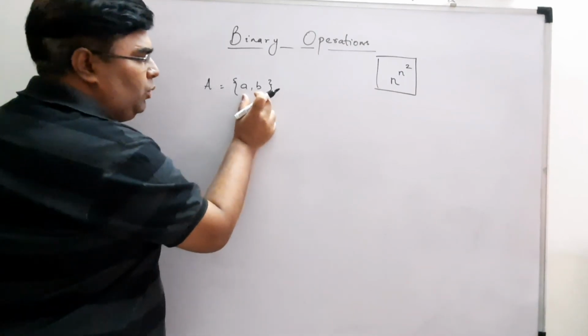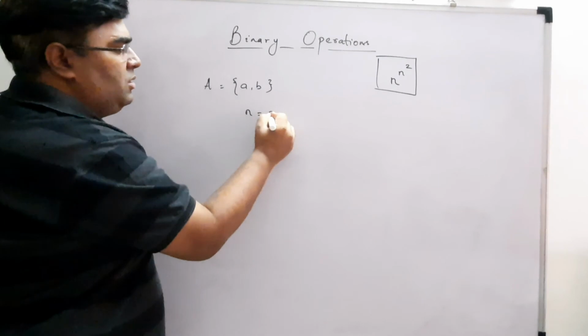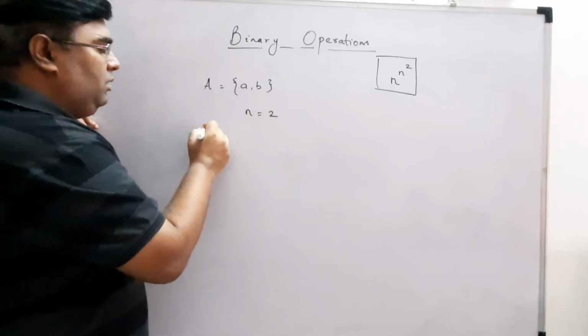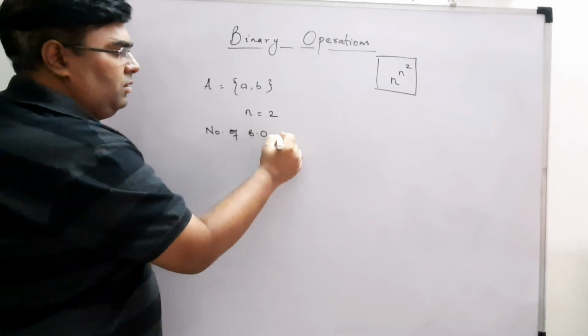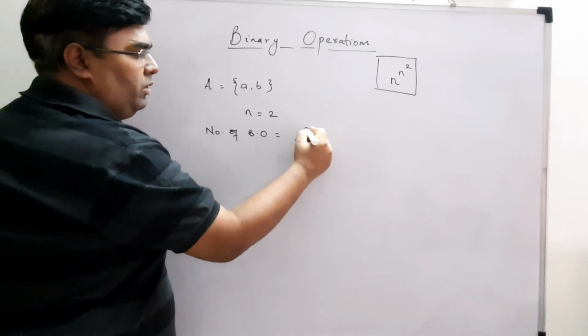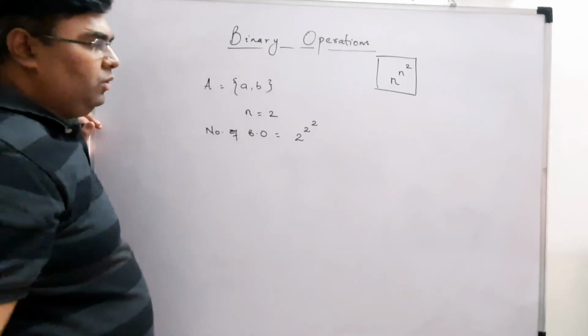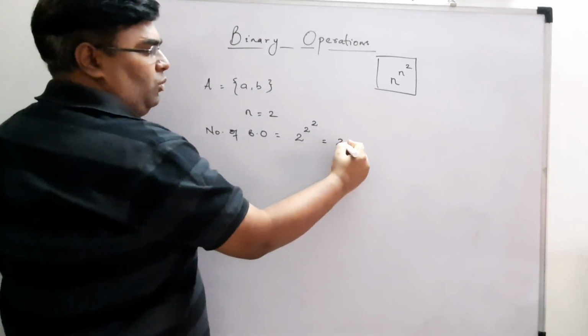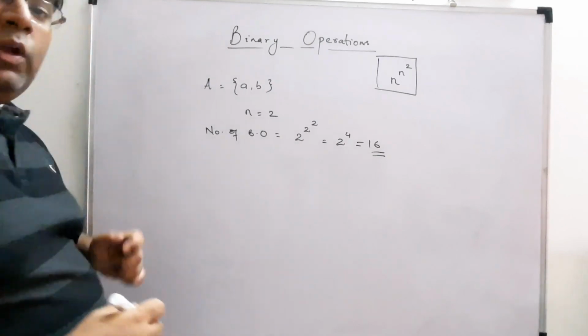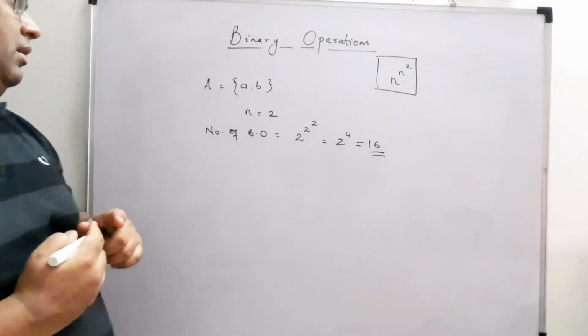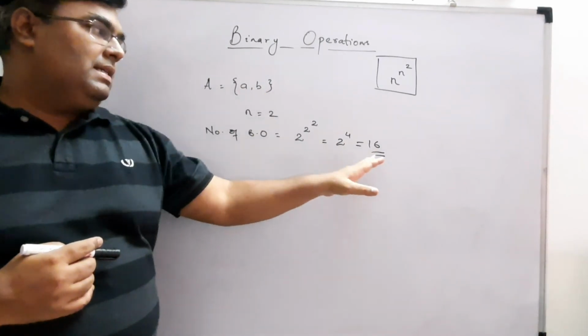We have two elements, so my n is 2. So the number of binary operations is 2 raised to 2 raised to 2, which is 2 raised to 4, which is 16. So the total number of binary operations that we can form in set A is 16.